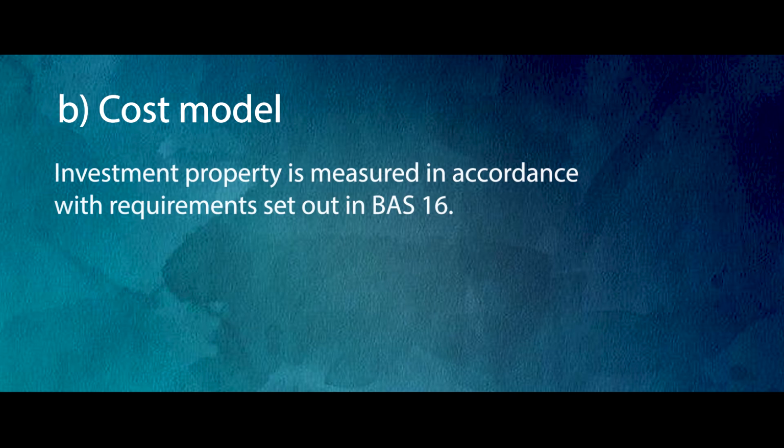Let's look into the cost model. Under cost model, investment property is measured in accordance with requirement set out in BAS 16, which means we have to follow the same procedures which have been applied under BAS 16 if the entity applies cost model. The value of the investment property will be reduced by the amount of yearly depreciation and impairment loss if there is any.